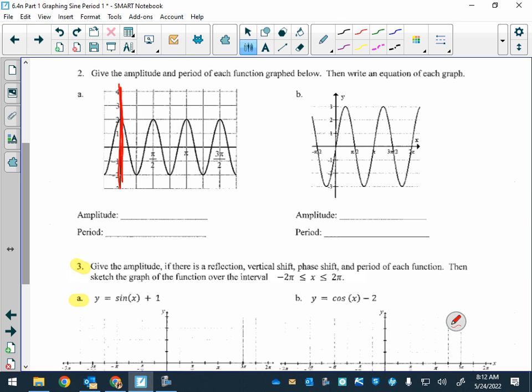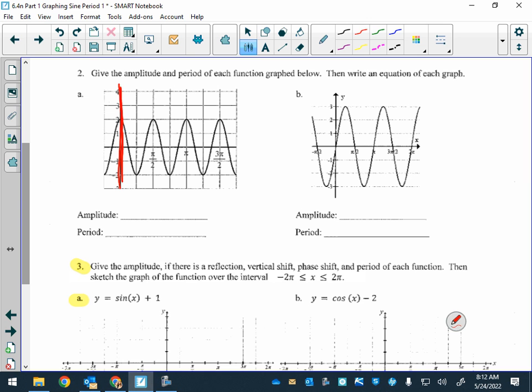The reason I have you start there is because you could come up with a variety of sine and cosine graphs for this. There's multiple. It depends on the shifting. So I want you to always start at the y-axis no matter what.